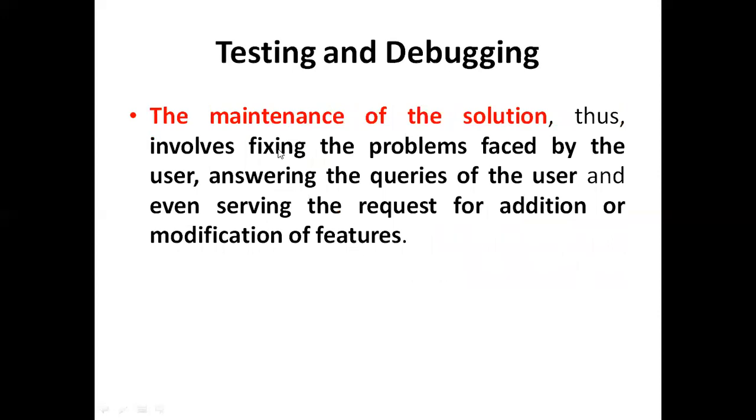And what is meant by the maintenance of the solution? Most of the time in real-life scenarios we purchase things like washing machines or televisions. Then that company gives a 2 year warranty, 3 year warranty, or a lifetime warranty, and they provide some service. Why do they provide the service?